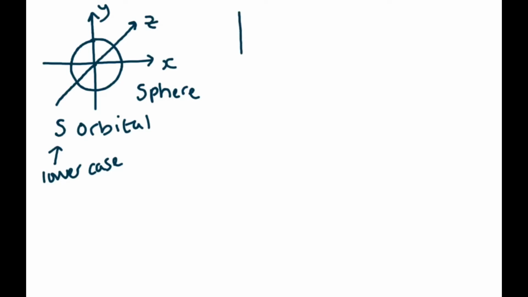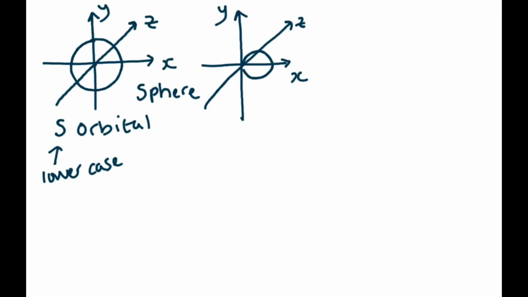Then you have something called a p orbital. Remember, an orbital is a region of highest probability of finding an electron. A p orbital is like a figure 8 shape. This is called a lobe, and then you've got another lobe.